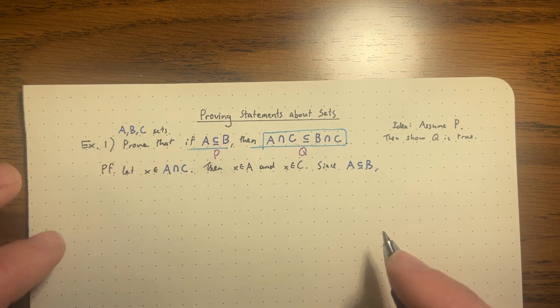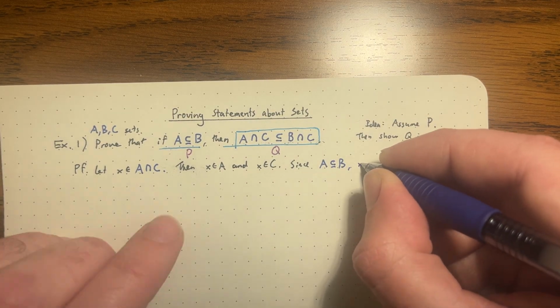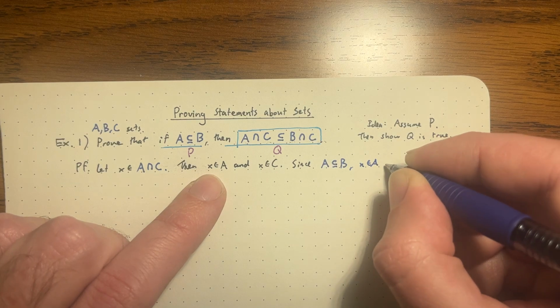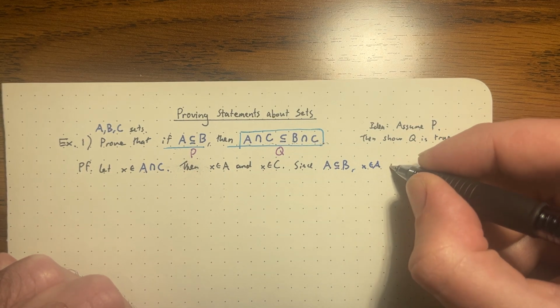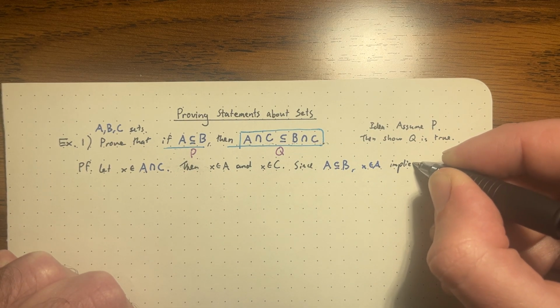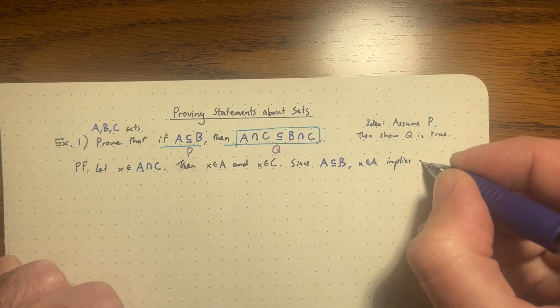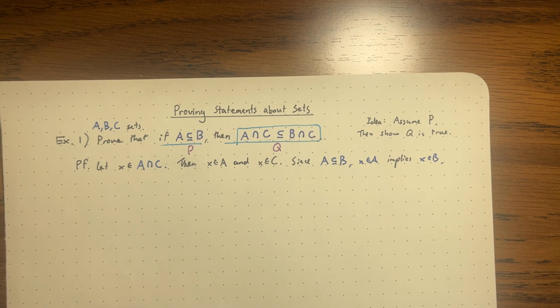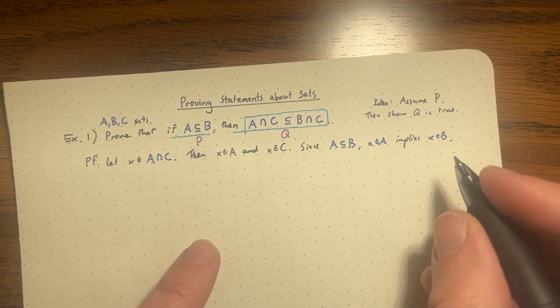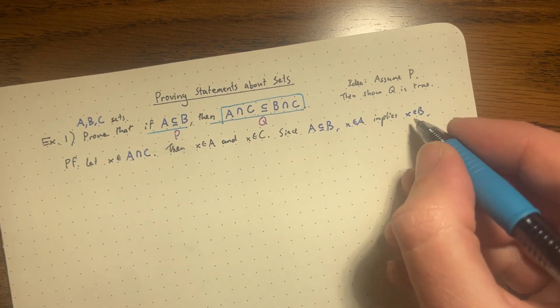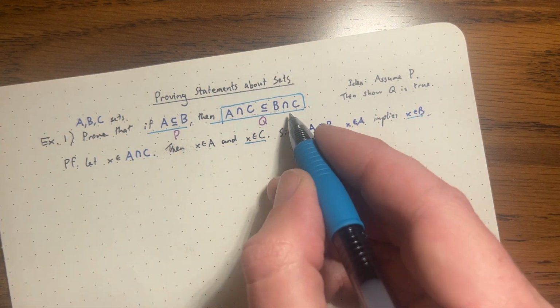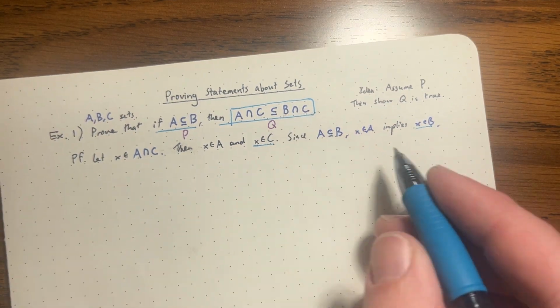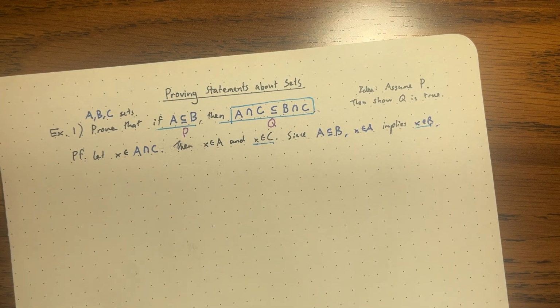Everything in here is in here. So we know X is in A, so X in A implies also that X is in B. And so let's take stock here. We have that X is in B. We also have that X is in C. That's exactly what we need. We need both of those to show X is in this intersection.